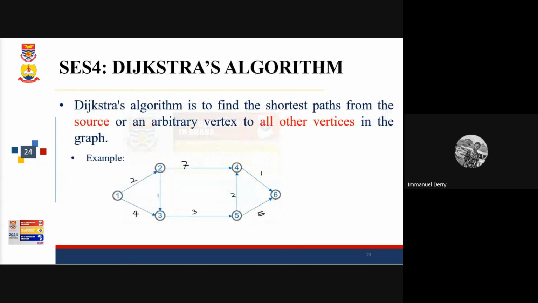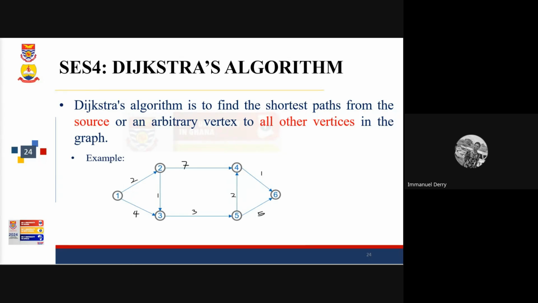With the Dijkstra algorithm, it is used to find the shortest path from a source or any arbitrary vertex to all other vertices in a graph. Are we clear? So we use the Dijkstra algorithm to find the shortest path from the source or any vertex to all other vertices in the graph.